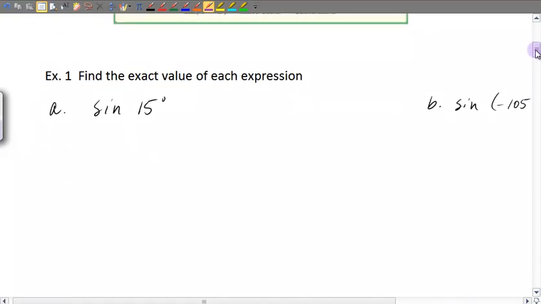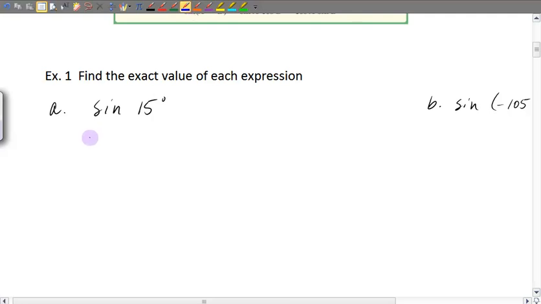The first example says I want to find the exact value of this expression. In other words, if I know the sine of 15, can I come up with two angles that I either add together or subtract from each other and get 15 so that I can apply the sum or difference identity for sine?